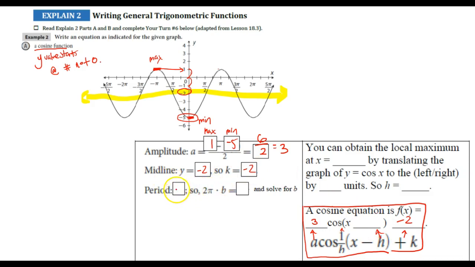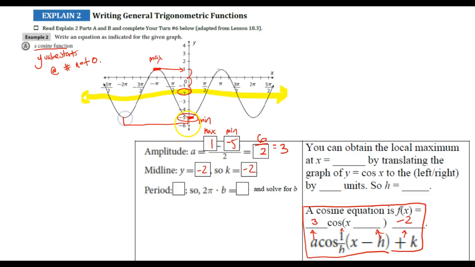For our period, as you can see here, remember it goes from starting position back down. So here, I could start from here and go backwards, or start here and go forwards, either way. But it looks like it's starting here at -5. And let's see how long that takes.